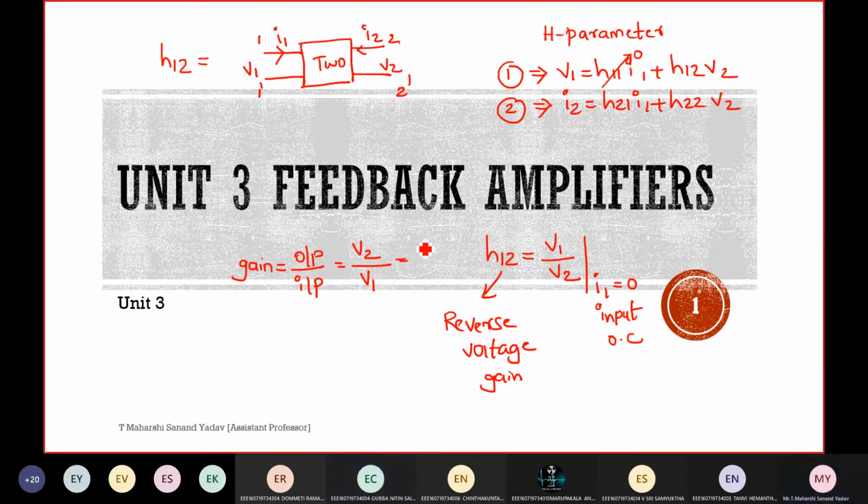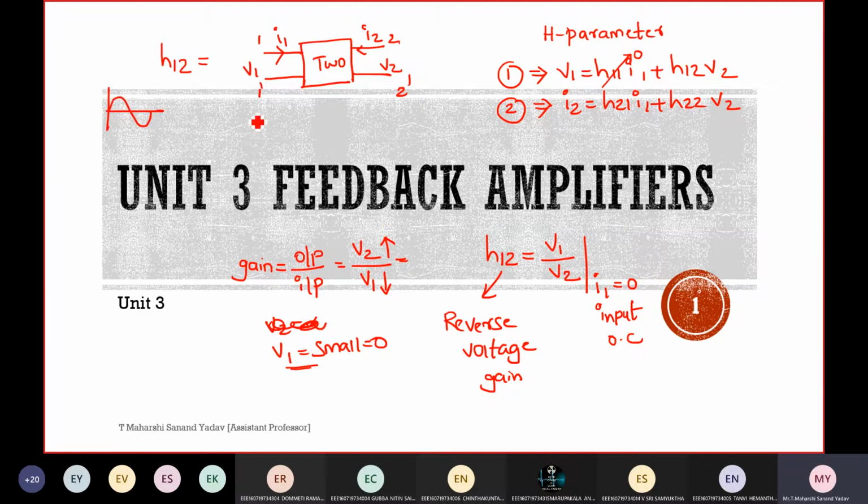Generally, gain means output value is more. So generally V2 value will be more compared to V1. For example, I'm considering V2 as infinite and V1 as a small value. We know that V1 is small generally. Why? Because it is a small signal amplifier.